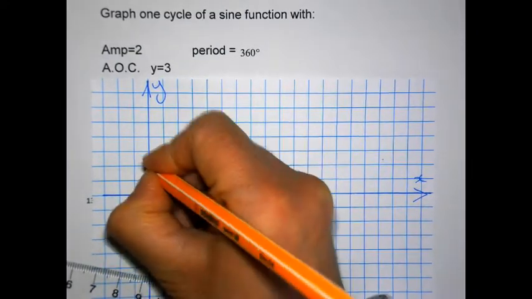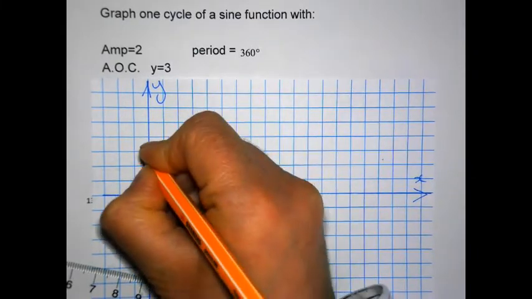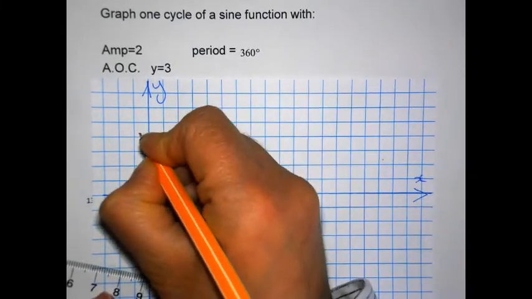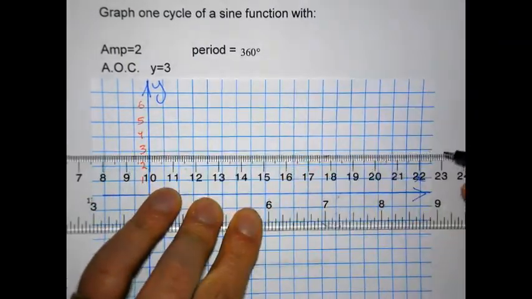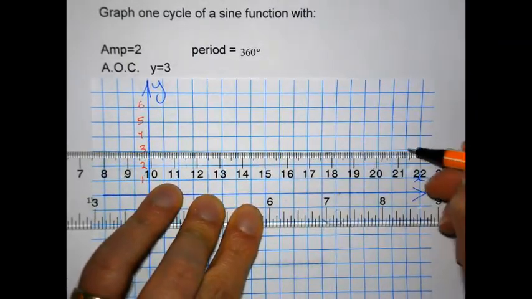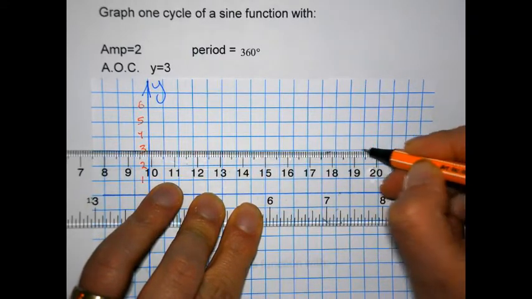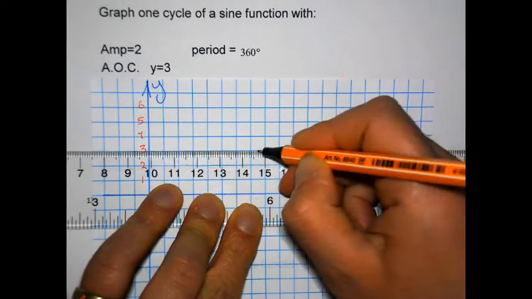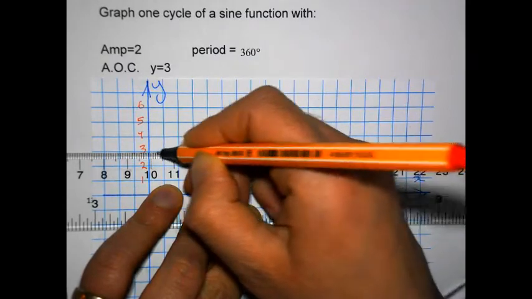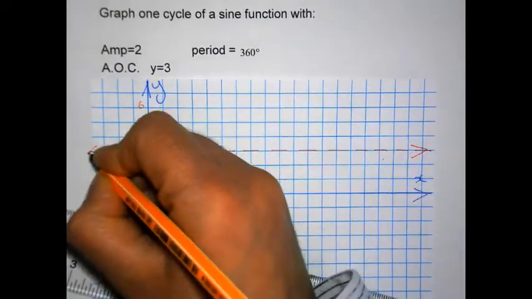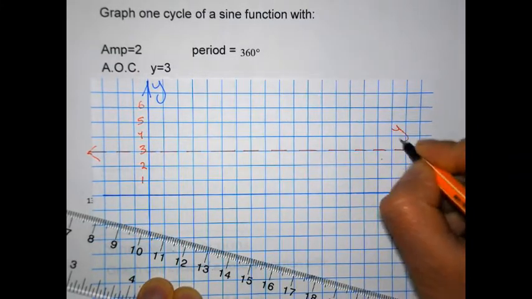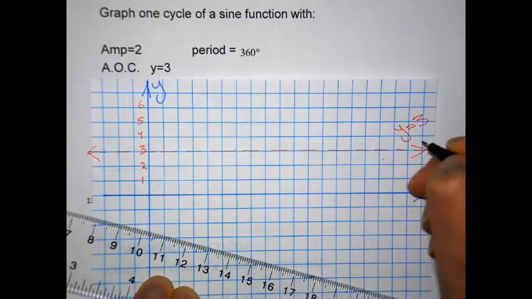So 1, 2, 3, 4, 5, 6. So the first thing is always to start with axis of curve. That's always your first attempt, should be the axis of curve in dotted lines. So this is the axis of curve, y equals 3.